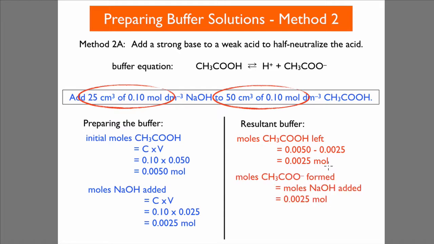And if 0.0025 moles are reacting to form this, then we're going to get 0.0025 moles of the ethanoate ion forming. This is a buffer solution. Both the weak acid and its salt, the conjugate base, are present in high quantities.